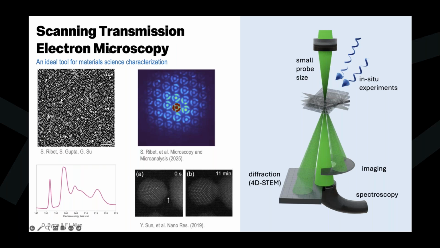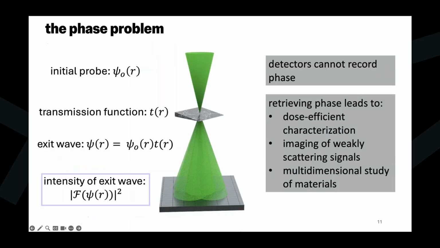So I want to introduce you on the next slide to one specific flavor of 4D STEM, which is phase retrieval. And maybe you've heard of phase retrieval or ptychography. This is something that we're going to be using in this presentation today. In general, all these different techniques try to solve what's called the phase problem. The problem itself, which is not just for electron microscopy, is that we have some initial probe, which is a complex wave function, and it interacts with our sample.